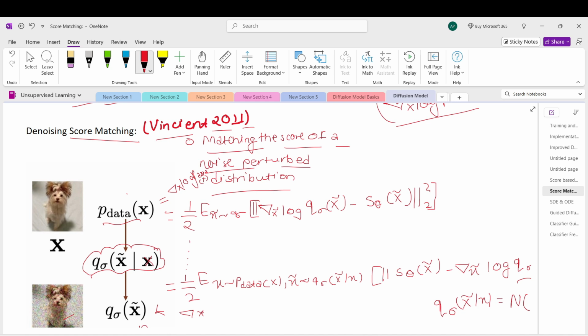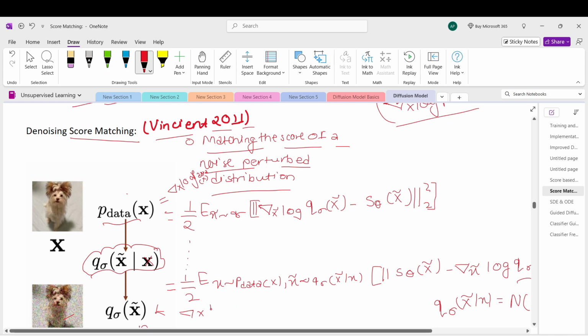Instead of approximating the gradient of log p data of x, we approximate the gradient with respect to x of q sigma of x. Here sigma is the intensity of the noise.